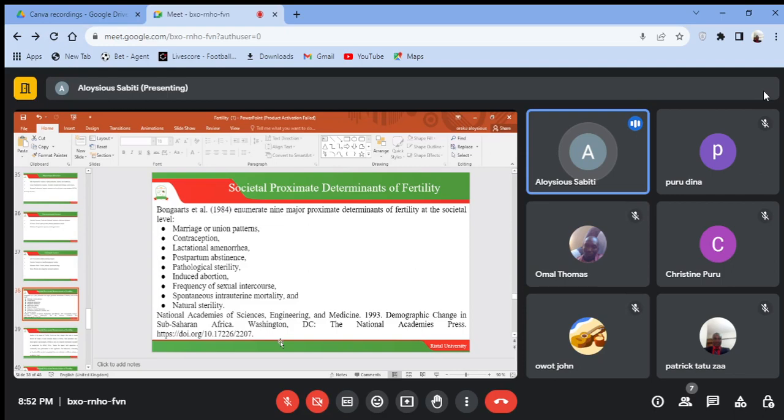Here we are talking about 9 major proximate determinants. We're looking at marriage or union patterns, contraception, lactational amenorrhea, postpartum abstinence, but we're also looking at pathological sterility, induced abortion, frequency of sexual intercourse, then spontaneous intrauterine mortality, and lastly, natural sterility.